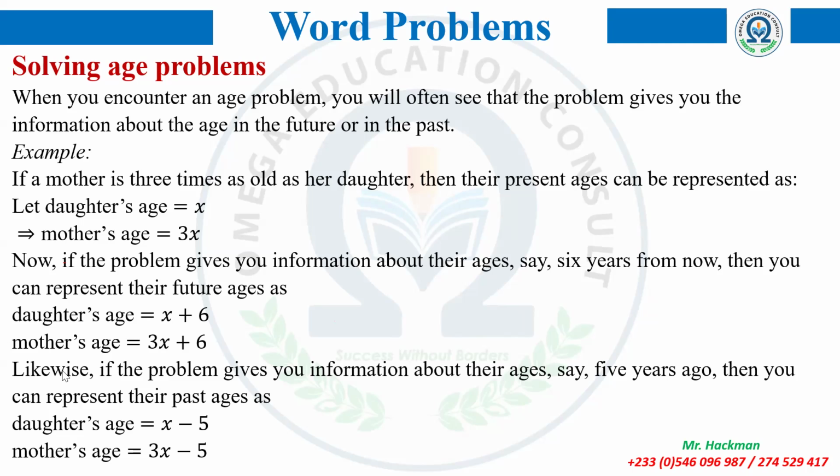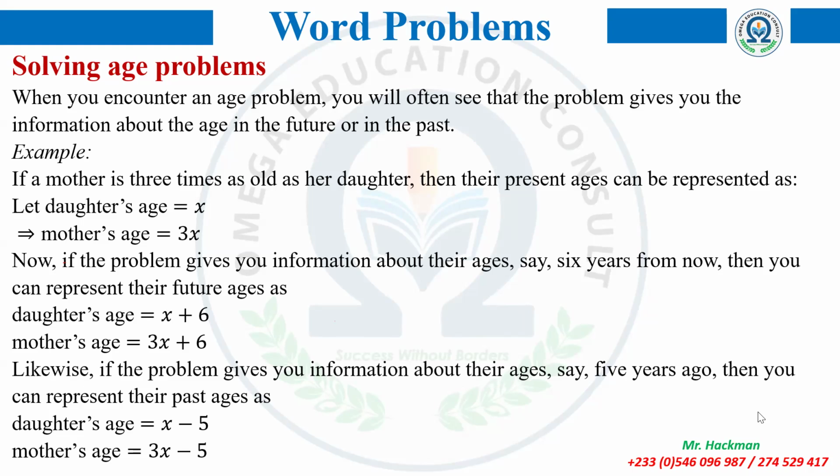Now likewise, if the problem gives you information about their ages, say 5 years ago, and anytime you see ago, we know that we are talking about past age. Is my point well made? Yes, sir.